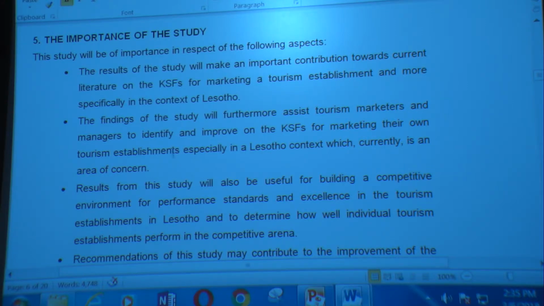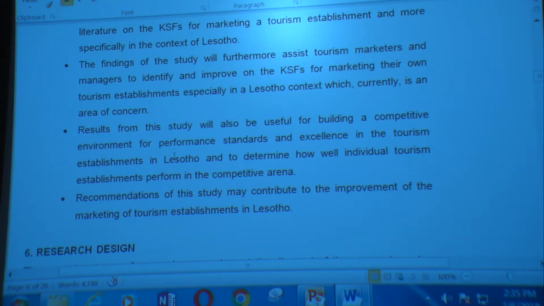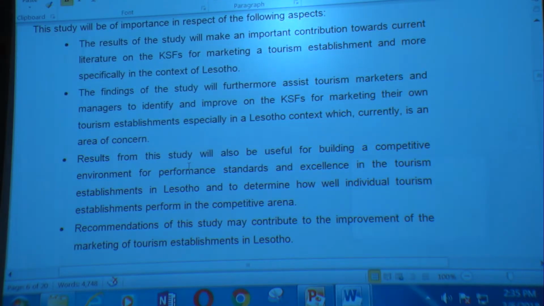The results will be useful for building a competitive environment, and recommendations of this study will contribute to the improvement of marketing. So something along those lines, where you emphasize the practical significance of your study. What will your results benefit? Industry.